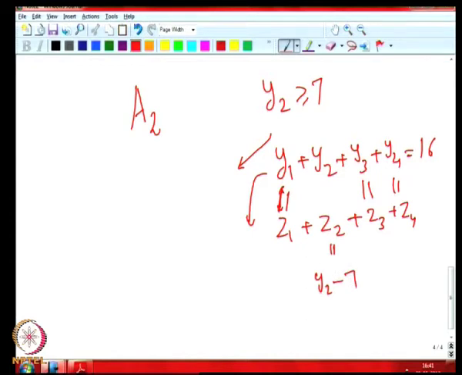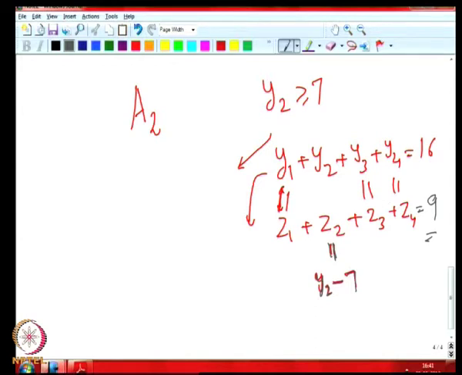That is the only difference. So correspondingly this will become 9, because we are subtracting 7. When the y's add up to 16, the Z's have to add up to 9.